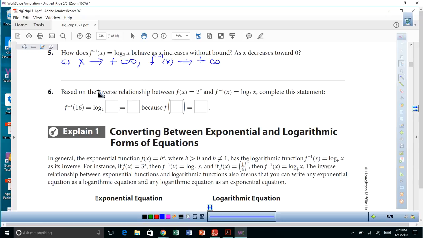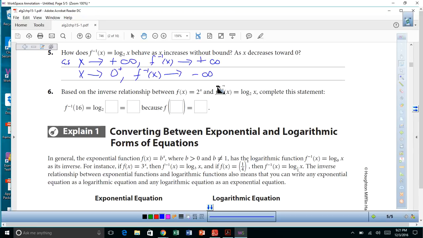As x approaches 0, and you might say it from the positive side, the inverse of f of x approaches negative infinity.